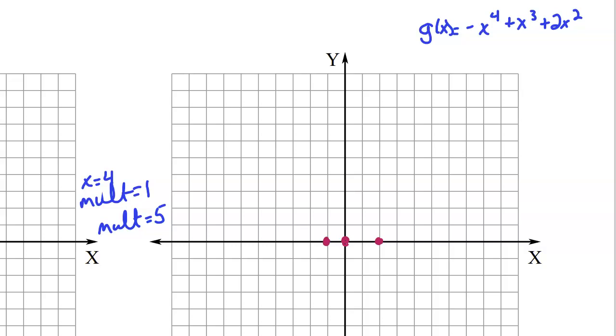Let's look at a couple of other things. What is our leading coefficient? Well, our leading coefficient is negative. So that means I'm going to be going down on this side. What is my degree? Well, my degree is 4. So that means I'm going the same direction. So that means I'm going down and down.